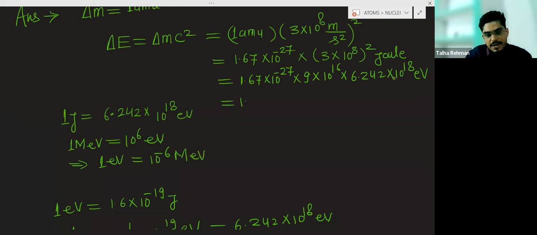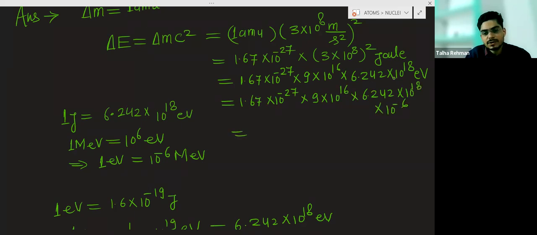So here we will have 1.67 into 10 to the power minus 27 into 9 into 10 to the power 16 into 6.242 into 10 to the power 18 into 10 to the power minus 6. So approximately this value will come out to be 931.5 mega electron volt.